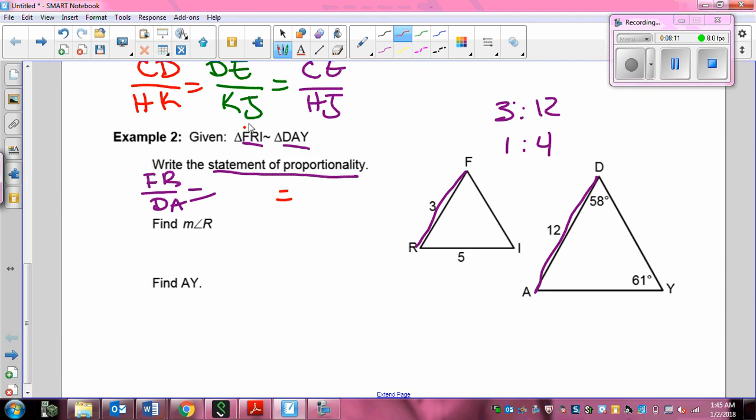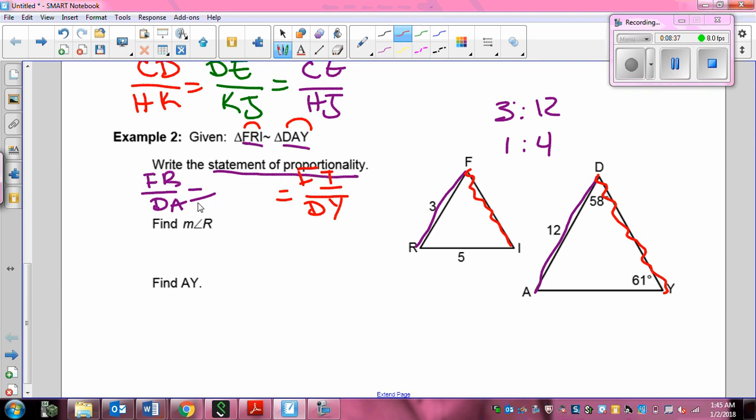And I'm going to tell you that F to I over, I did the first one and the last one, so I'm going to do the first one and the last one, DY. Okay, so F to I over D to Y. And you guys are going to tell me what the other two sides are that are proportionate. Remember, the order matters, or the left-hand triangle goes first on top.